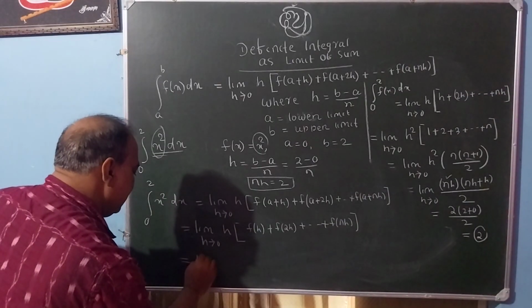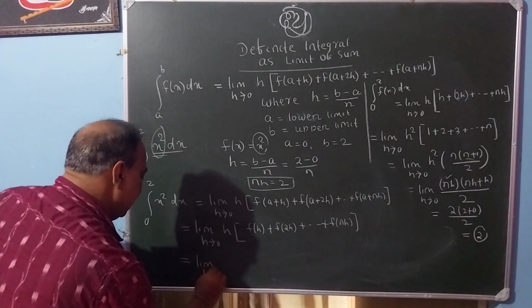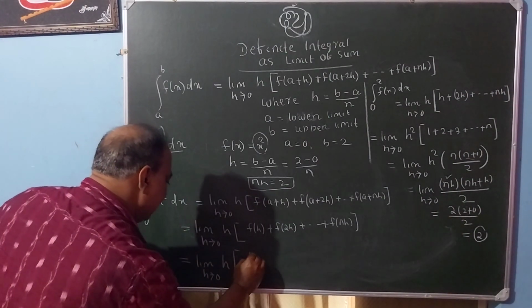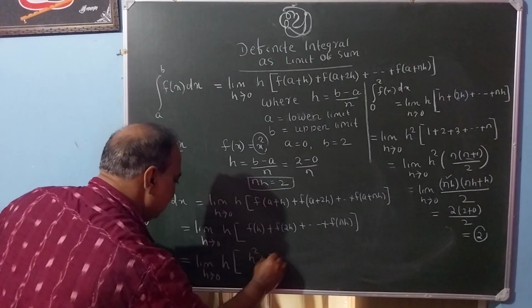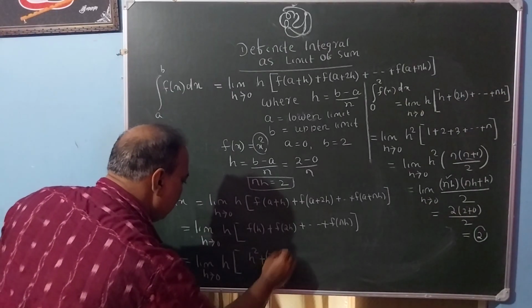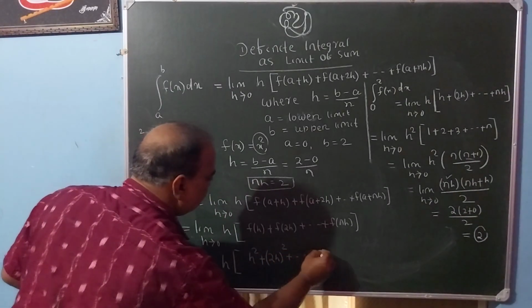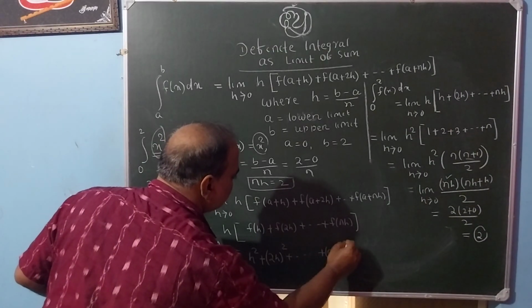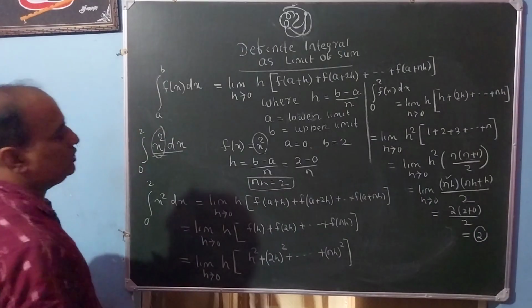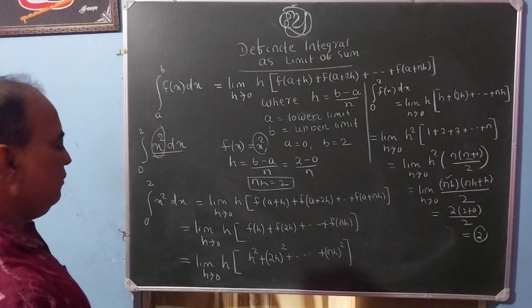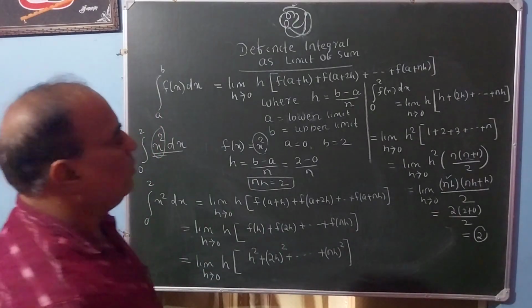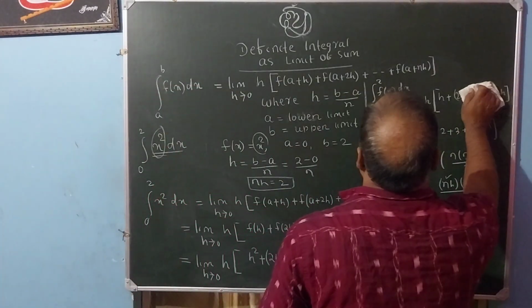So limit h tends to 0, here we get h, here it is h square, here it is (2h) whole square, dot dot dot, here it is (nh) whole square. So now in each term h square is common. Write down, taking h square common.